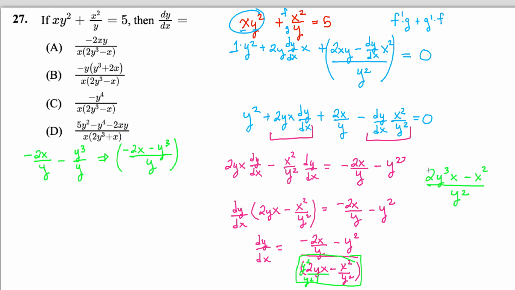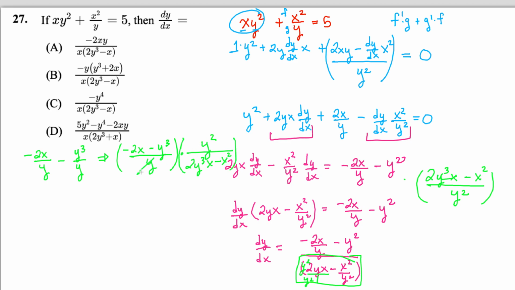Now I'm dividing by that entire term, right? So it's going to be this divided by this one. And when I divide by this one, I flip and multiply. So it's y squared over 2y cubed x minus x squared.